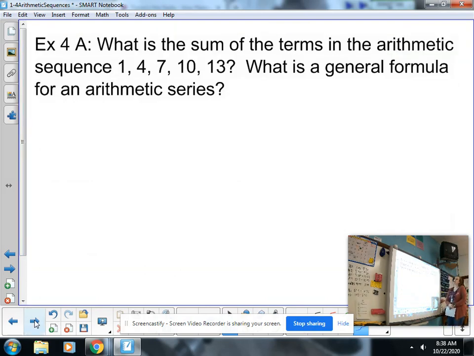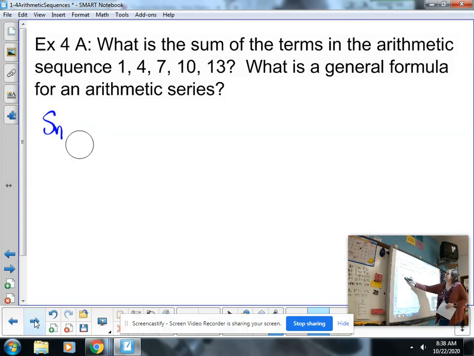So here is part A of example 4. We want to know the sum of the terms in this arithmetic sequence: 1, 4, 7, 10, and 13. And then we want to find the general formula. I know you can just go through and add them up. Actually, I'm going to change that.